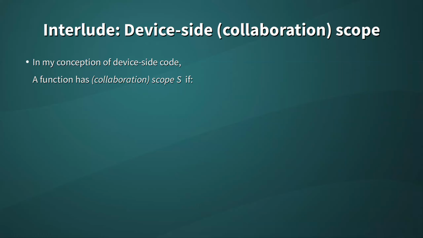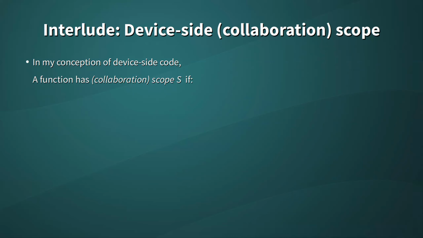It's not a concept in the C++20 sense. It's a concept like in regular language that we use, not the word concept in formal C++. And this is how I define it.